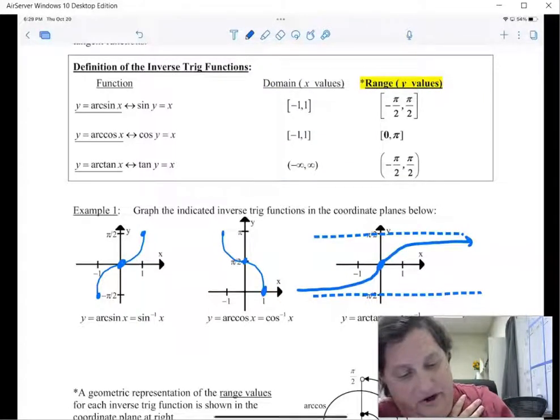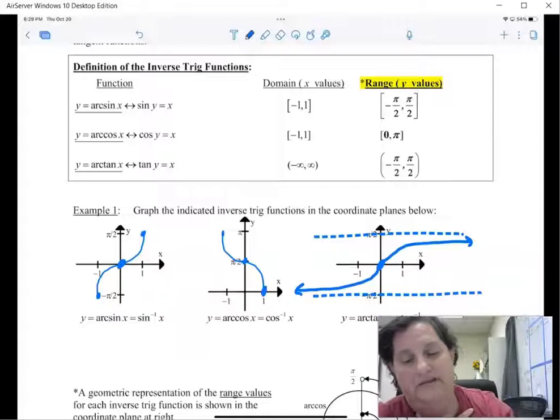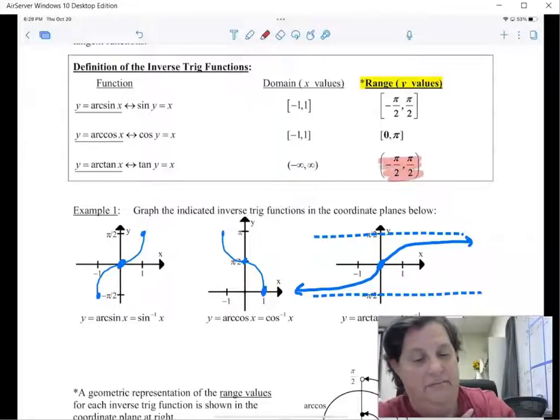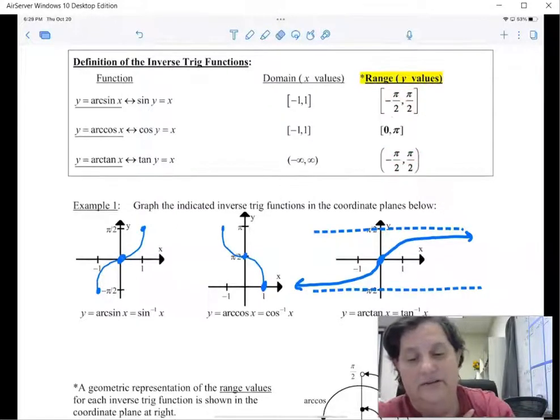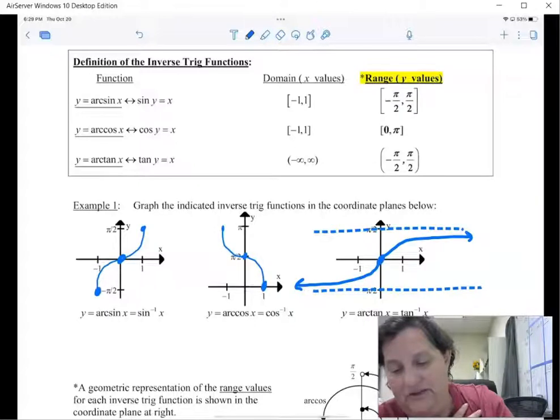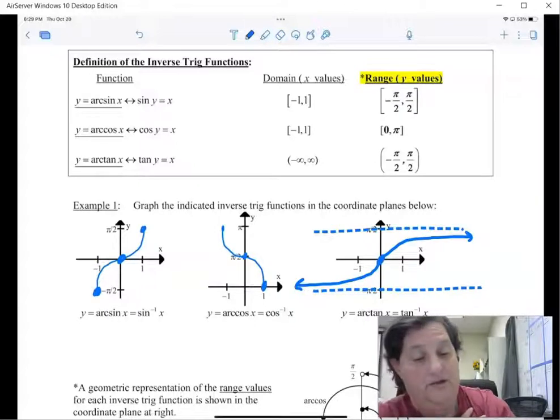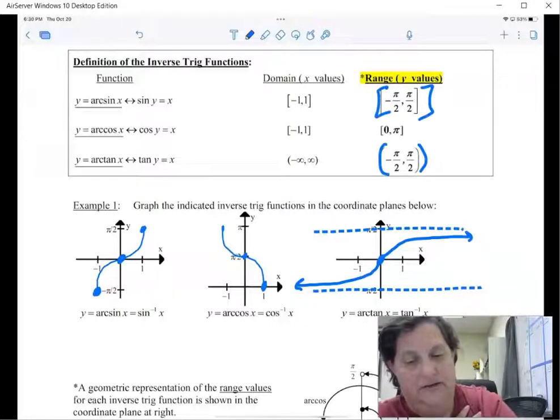And that's actually a function. So the domain is negative infinity to infinity, but the thing we really care about is the range, which is negative pi over 2 to pi over 2, same as this. The only difference is that sine actually has points there, so I use brackets. Inverse tan gets really close, but they're asymptotes, so I have to use parentheses, so pay attention to that, okay?